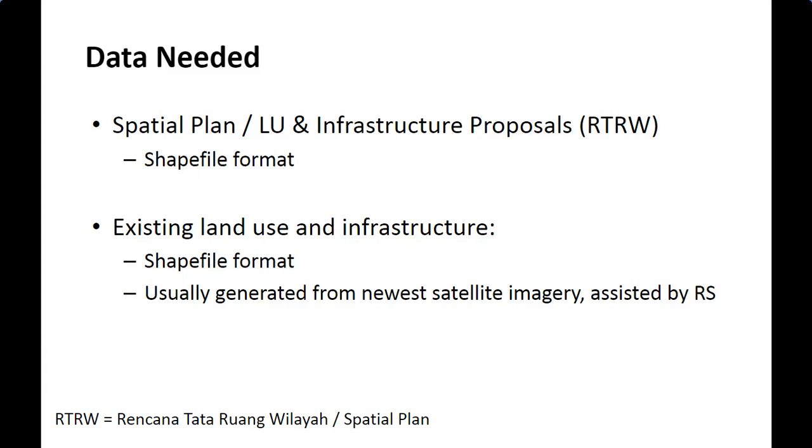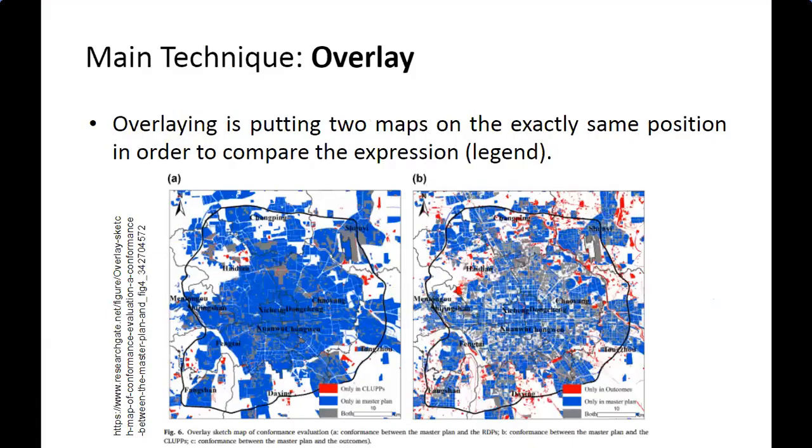And then using the three types of shapefile, we can overlay them. The main technique here is overlay. Overlay is putting two maps in exactly the same position in order to compare the legend, the expressions on the map, the colors, the polylines, the symbols and so on.